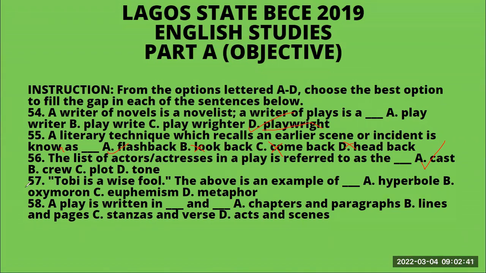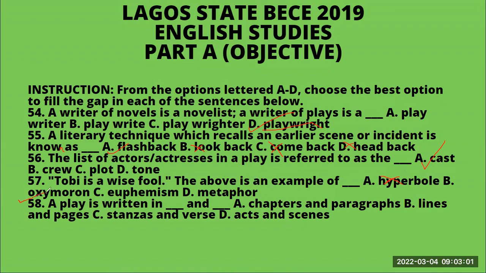Well, 57, Toby is a wise fool. The above is an example of a hyperbole. No, hyperbole has to do with exaggeration. It's overstatement. All right? B, oxymoron. Yes, that's the correct option.